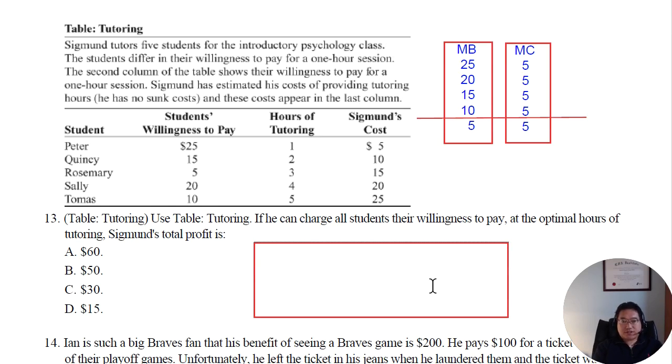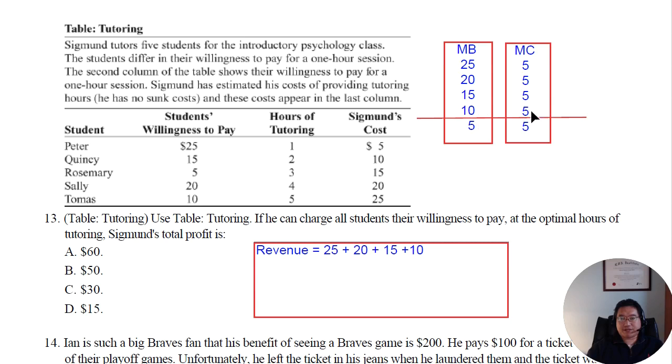He will receive what kind of revenue for 4 hours? The revenue is, we add 25 to 20 to 15 to 10, right? And then doing 4 hours of tutoring, right?